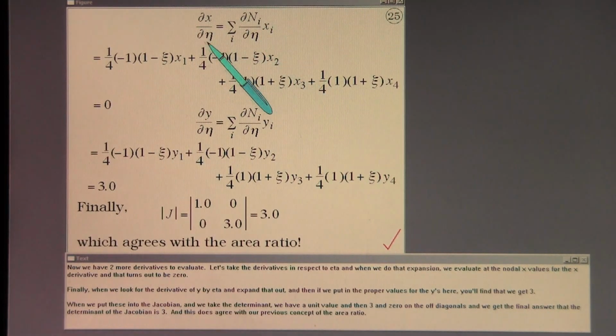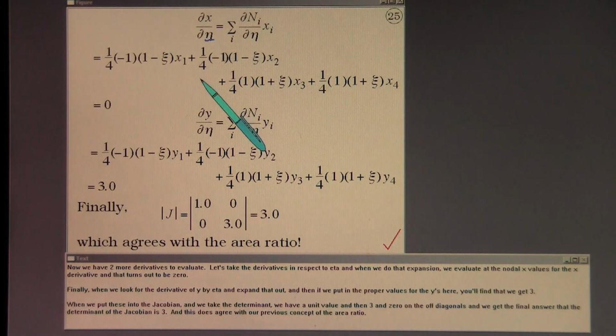Let's take the derivatives with respect to eta, and when we do that expansion, we evaluate at the nodal x values for the x derivative, and that turns out to be 0. Finally, when we look for the derivative of y by eta and expand that out, and then if we put in the proper values for the y's here, we'll find that we get 3.